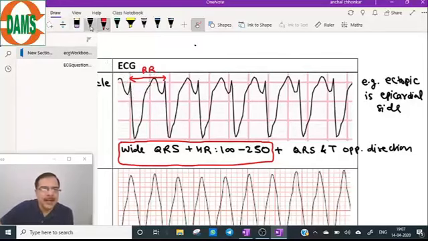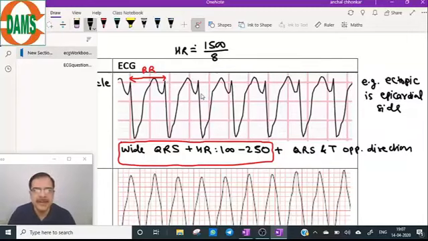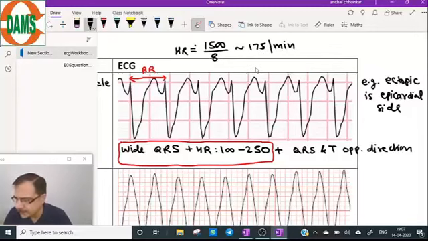So the heart rate is equal to 1500 divided by 8, which will come out to be approximately 175. So this defines ventricle tachycardia.